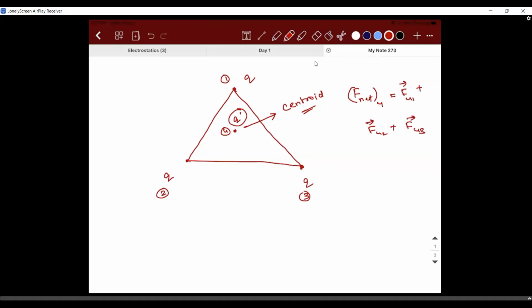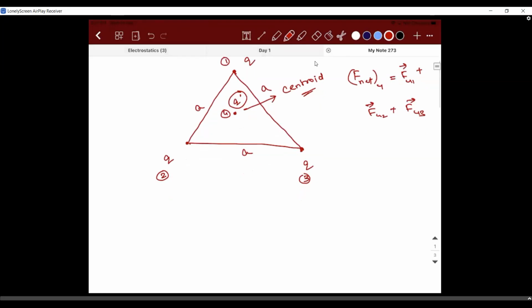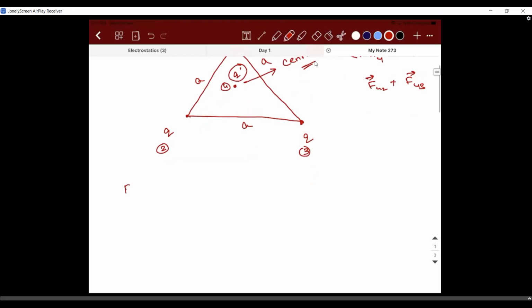Now the question is, if I take the sides of the triangle as a, then what is going to be the distance between the charges 1 and 4, 2 and 4, and 3 and 4? So can I write F41 vector is equal to, how do I write it?